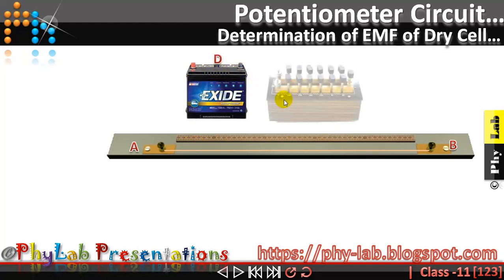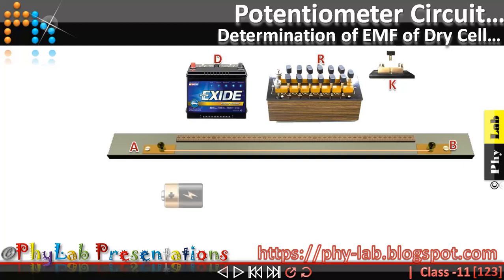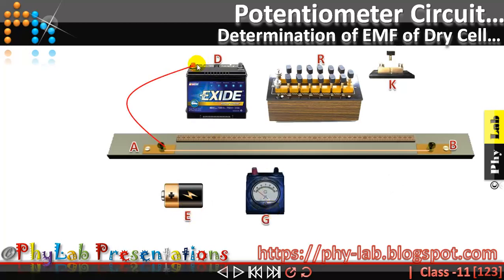Then I have got a resistance box varying from 0 to 10 ohm or 1 to 10 ohm, and then a key K. Now all these must be connected in series to make the primary circuit, and then I've got a dry cell followed by a galvanometer and a jockey. Now the positive of the DC power supply goes to the terminal A of the potentiometer wire.